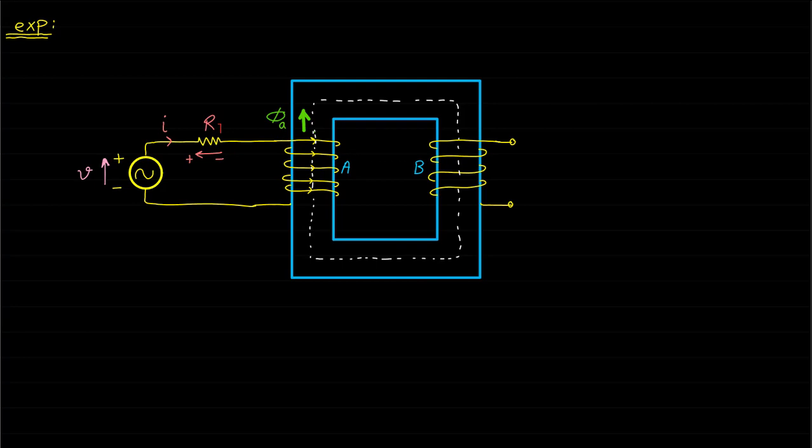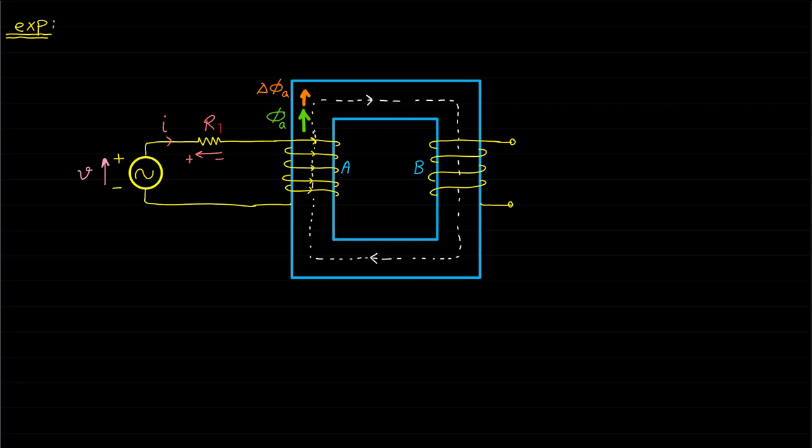Let's assume that the magnetic field phi A is increasing by delta phi A in the direction shown. After that, we need to close the circuit of coil A using a resistance. Actually, coil A is already forming a closed circuit with the resistance R1 and the AC source.